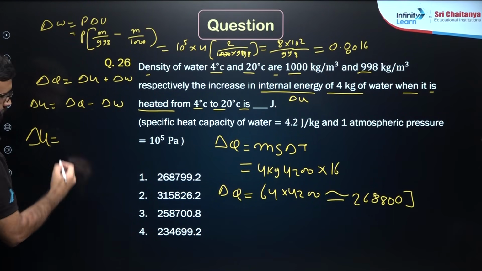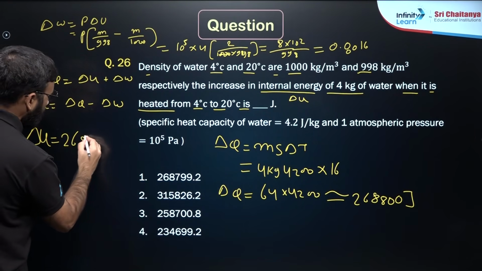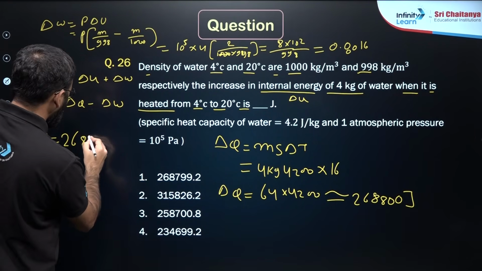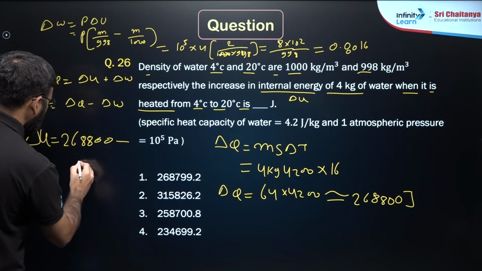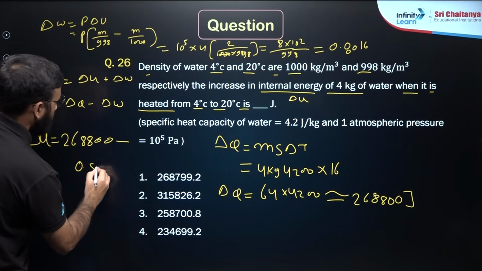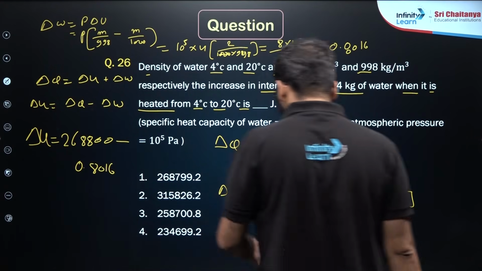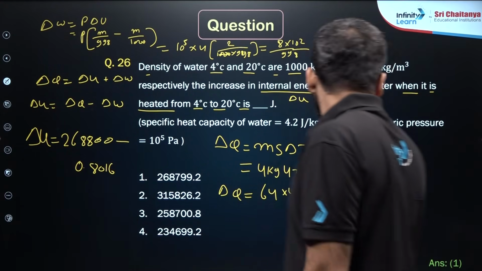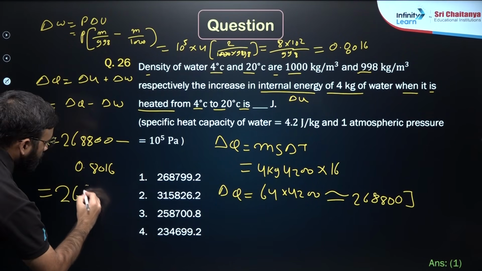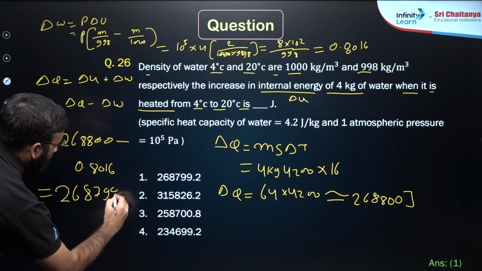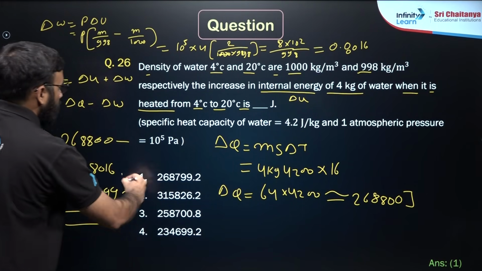Delta U equals 268800 minus 0.8016. Subtracting, we get 268,799.2. So option first is your correct answer.